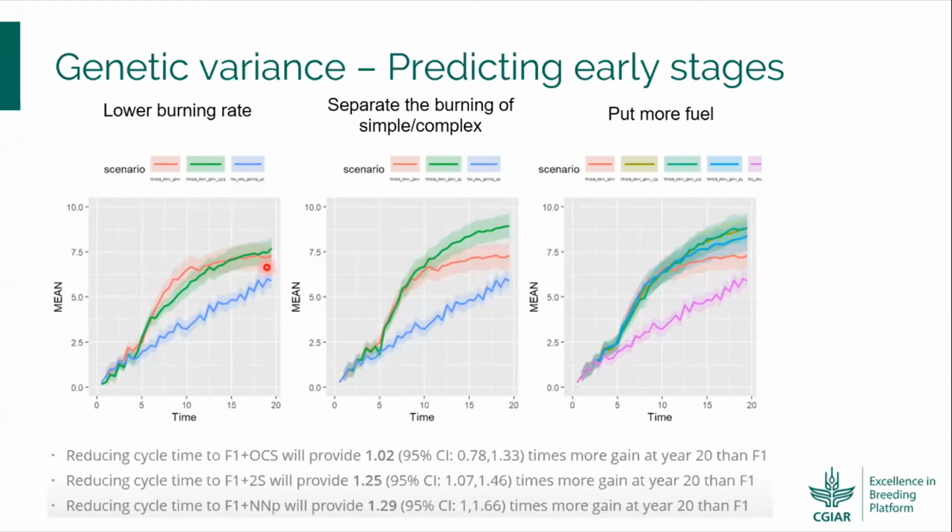Think of the genetic variance as some sort of fuel or gas. This acceleration is burning the fuel not only much faster, but kind of inefficiently, because the translation of genetic variance into gain gets reduced due to the drift. So the use of genomic prediction for genetic variance is about controlling that burning rate.